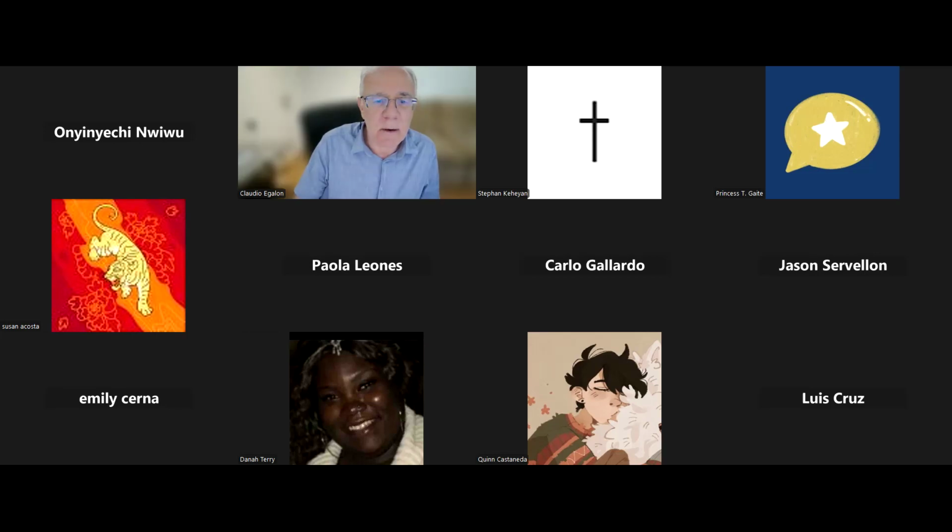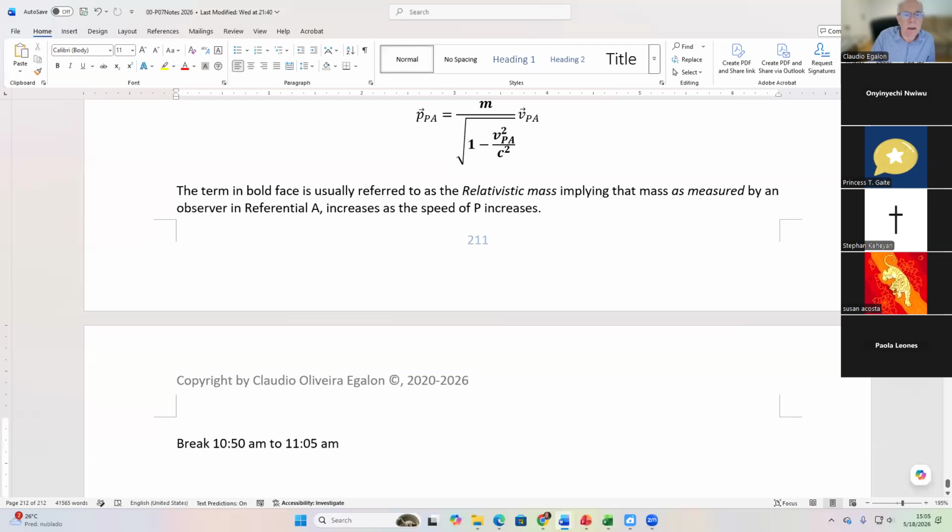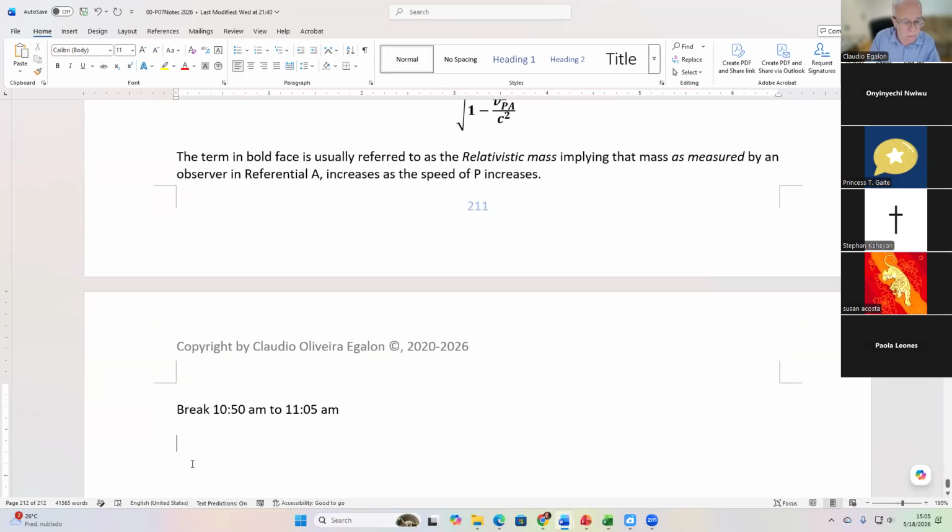I am back here. I'm sharing the screen, and so let's summarize the surprising results from relativity that we have obtained so far.